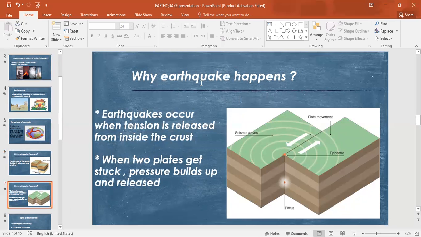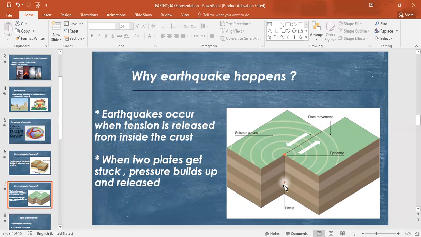Why does earthquake happen? What is the earthquake occurrence? Earthquakes occur when tension is released from inside the crust, and when two plates get stuck, the pressure builds up and is released.